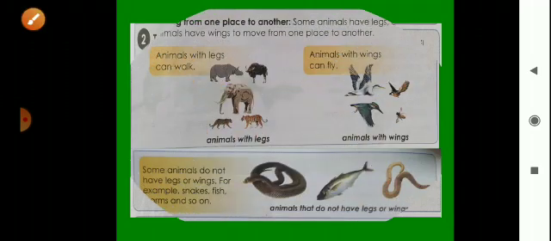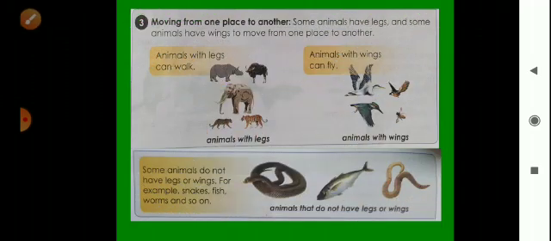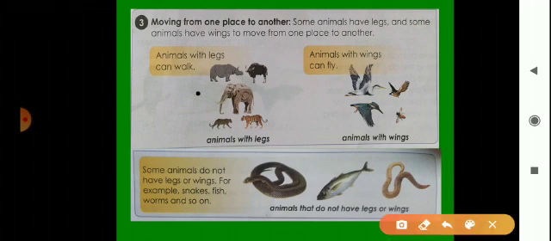So look here. Now the third type: moving from one place to another. Some animals have legs and some animals have wings to move from one place to another. Animals with legs can walk.